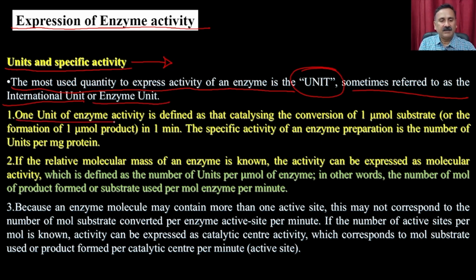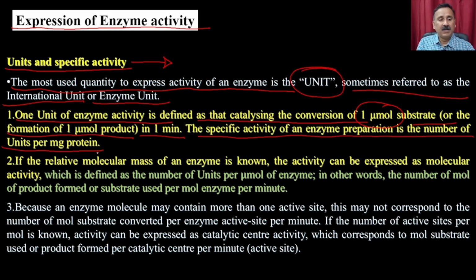What is one unit of enzyme? It is defined as the amount catalyzing the conversion of 1 micromole of substrate, or the formation of 1 micromole of product, in 1 minute. The specific activity of an enzyme preparation is the number of units per milligram of protein.